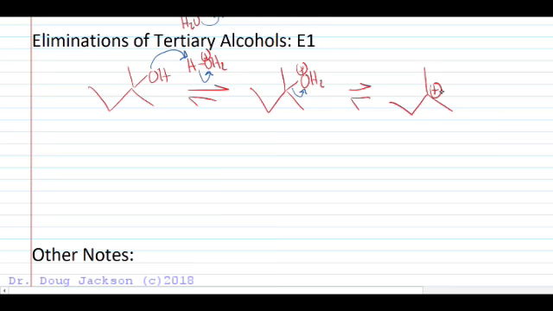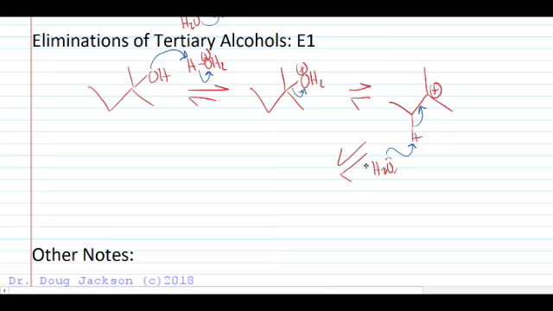And then we form the more substituted double bond again, our weak base solvent, our ionizing solvent. If we have a strong base, we can't go through this path. We can't have a strong base in the presence of a strong acid anyway, but the E1 path will complete to form our most stable product.